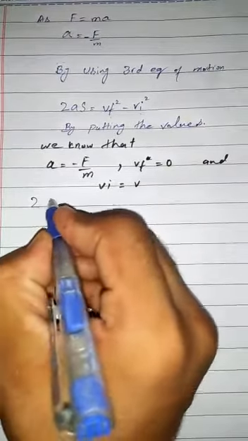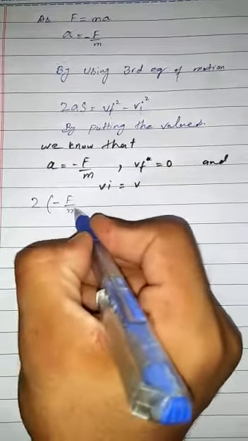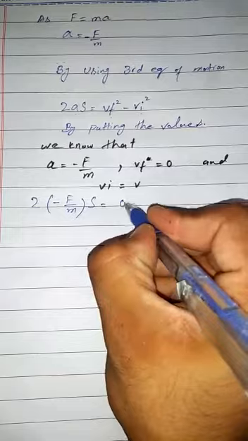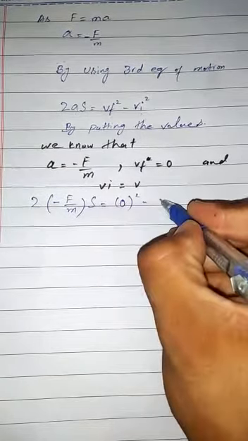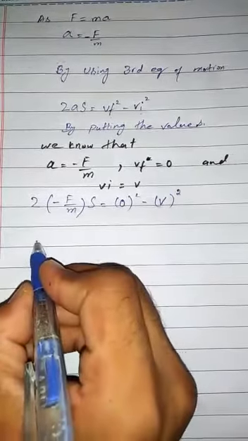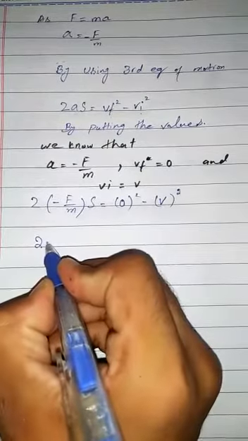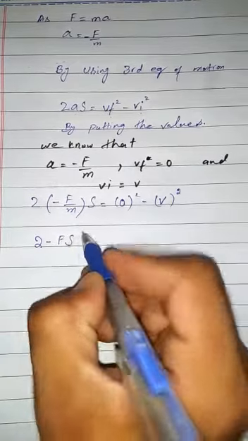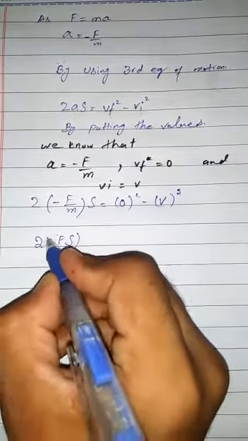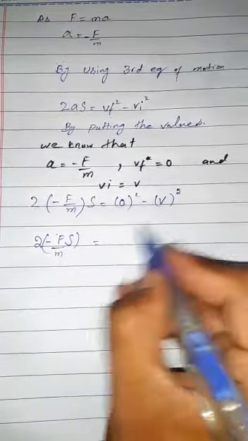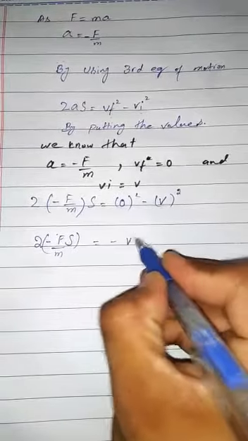So putting the values in the equation, 2 times minus F over m times s equals 0 square minus v square.